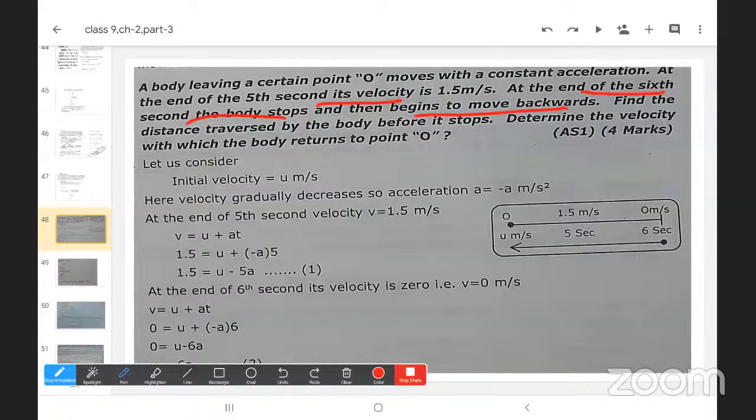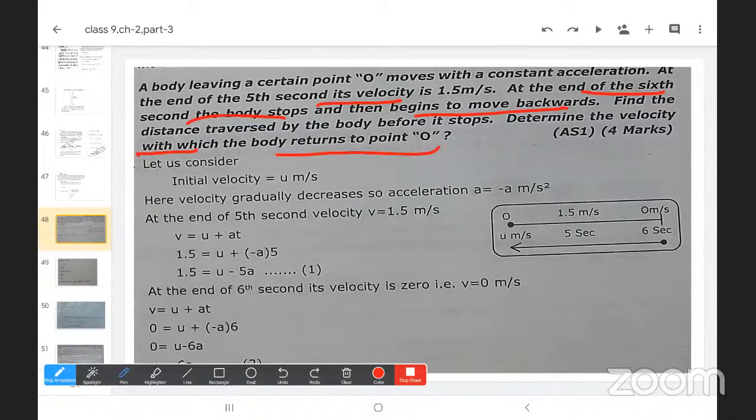We need to find the distance traversed by the body before it stops, and determine the velocity with which the body returns to point O.